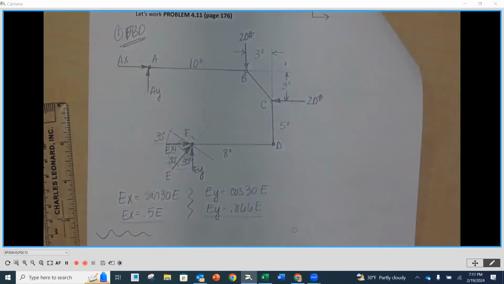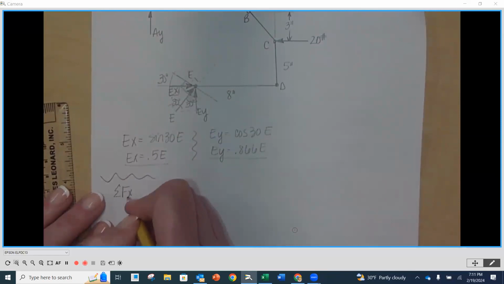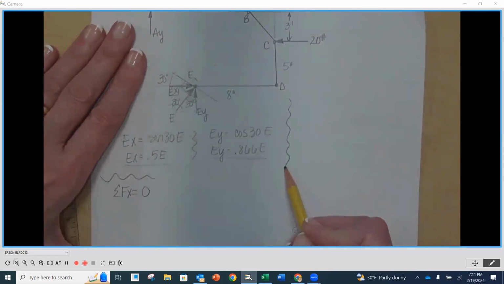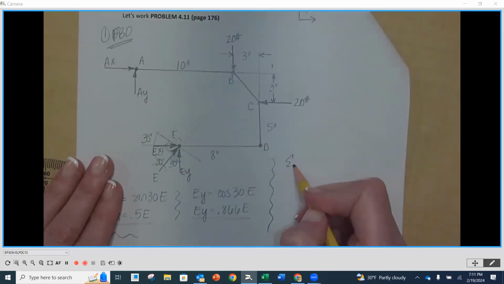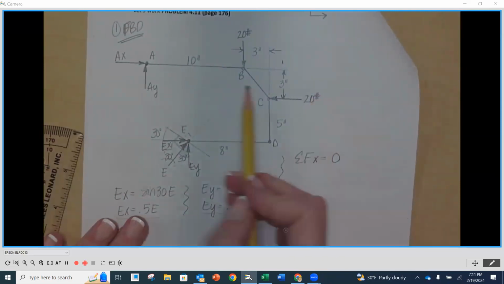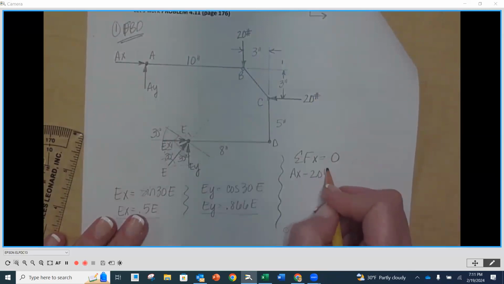What do we want to do first? Sure, let's sum our forces in the X, see how far we can get. So sum of the forces in the X direction equals 0. I'm going to actually start over here on this side because I've got some room up here. So only horizontals. I've got a positive AX. I've got a negative 20 pounds.